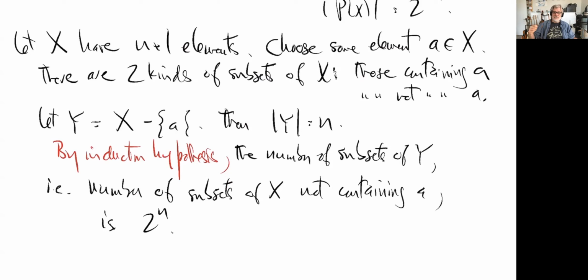Now I want to count those that contain A. So think of the trick with 3. So how do you build a subset of X that contains A? You take a subset without A and you add A, and it's a bijection. There's exactly the same number.